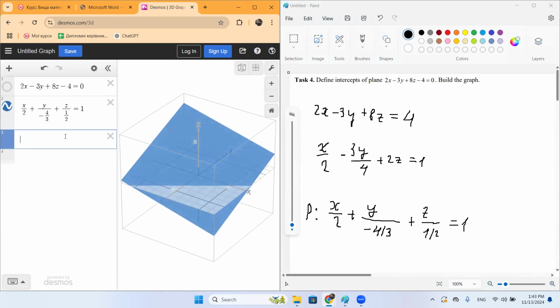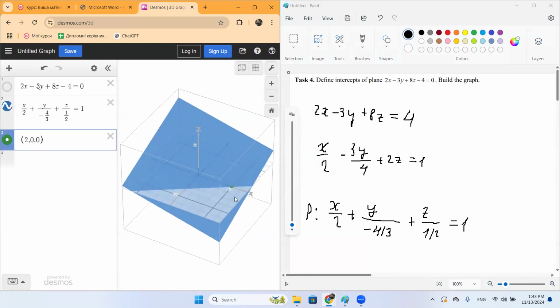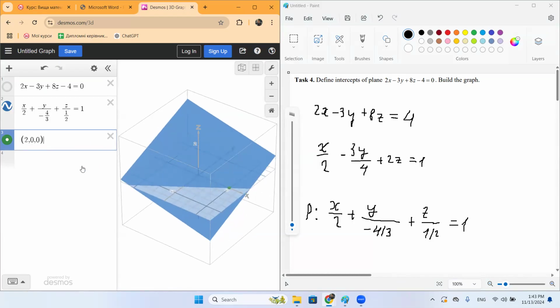And now let's mark the intercept points of this plane. So first intercept is 2, 0, 0. So this one is found. Can we label it? It seems we cannot. Okay, that's not a problem for us.